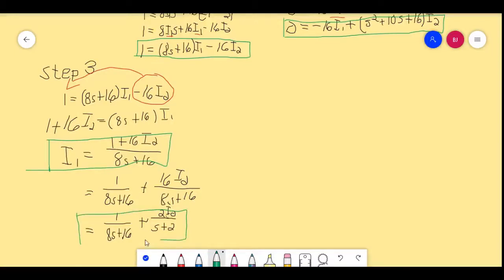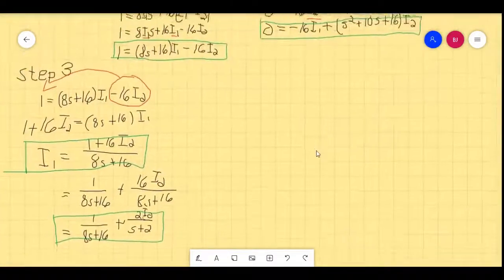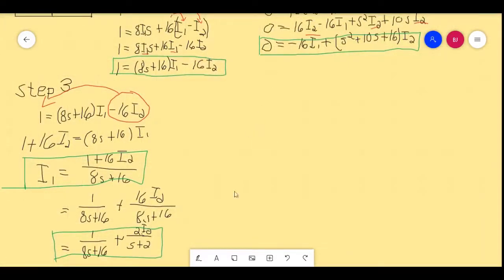Now, once we are able to isolate I1, we can actually use this and then replace it in the second equation. Sorry about that. In our loop 2. So let's write that down again. So we have 0. Oops, let's use the black ink.